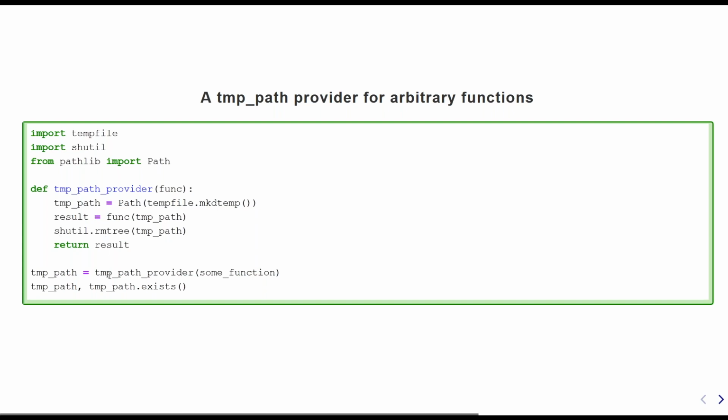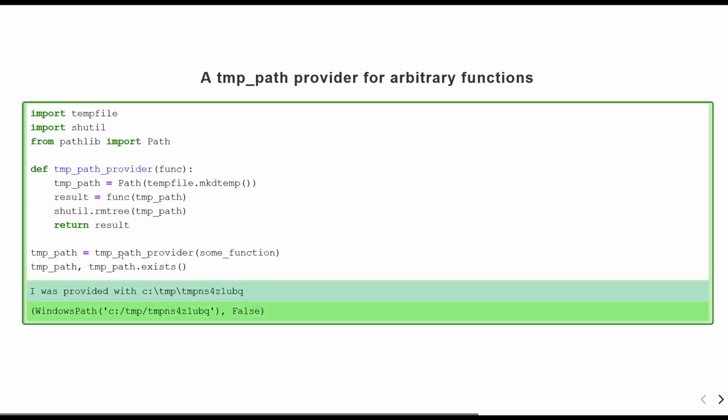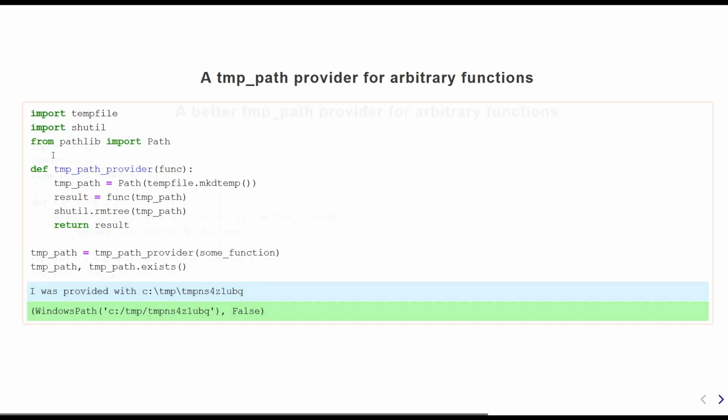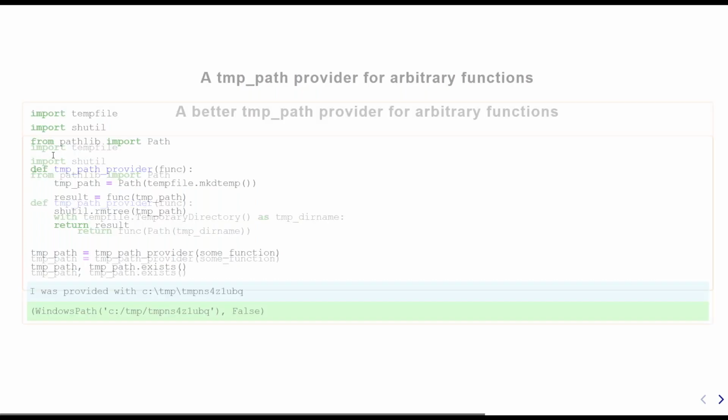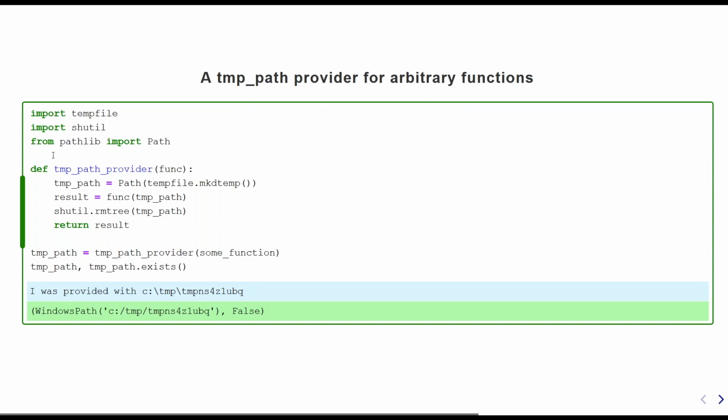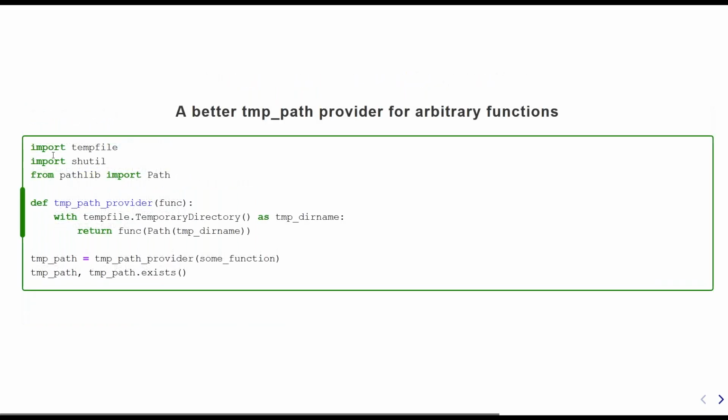And if I run this now, then I see the function did something with it. I was provided with the path. And then when I exited again, the folder was deleted because it's supposed to be a temporary path. And yeah, if you think, oh no, that's not going to work, you have to put that in a try finally. Yes, let's make that a bit nicer.